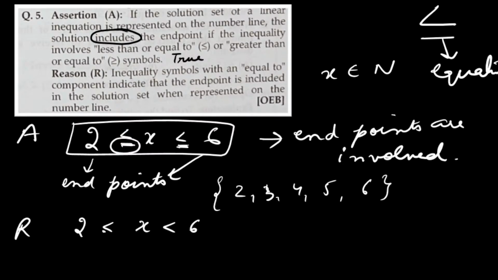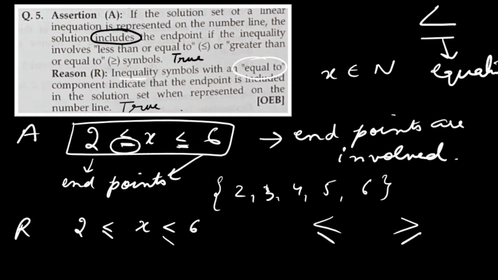Here also actually they have mentioned the same thing, but it is only equals to, inequality symbol along with the equal to. Inequality symbol means less than or greater than, with an equals to. So this means the endpoint is included in the solution set when represented on the number line. So this is also true.